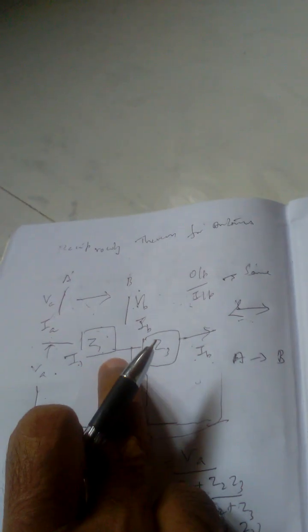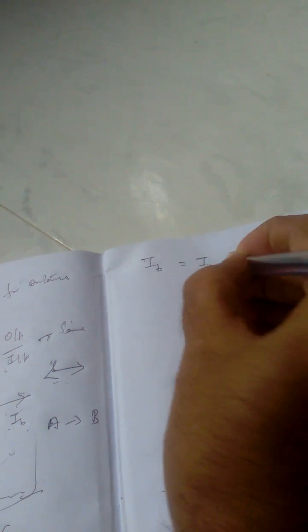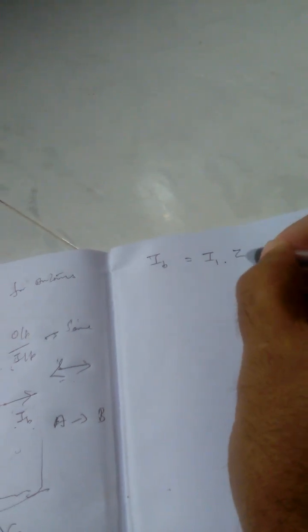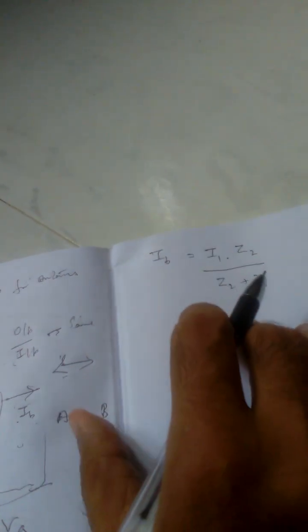If I am short circuiting this one, by the current division rule, IB equals the total current into the other parallel resistance, Z2, divided by the sum of the two resistances connected in parallel, Z2 plus Z3.